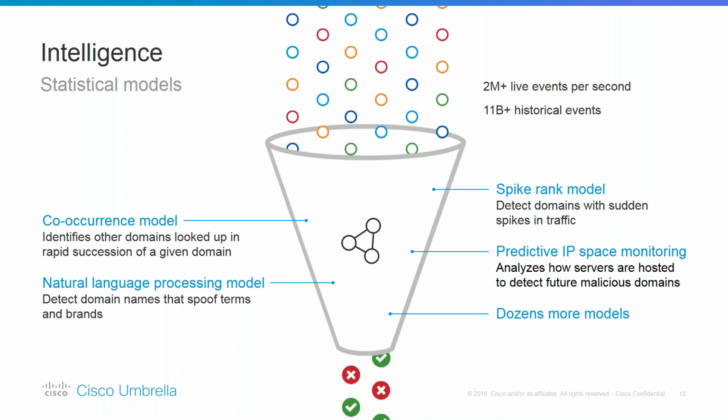If that automatically spikes for some reason, and obviously with other information, it looks suspicious. Predicted IP-based monitoring analyzes how servers are hosted and detects future malicious domains that are connected back to malicious domains and the whole web of infrastructure that they create out there. So it just gives you an idea of what's going on behind the scenes.